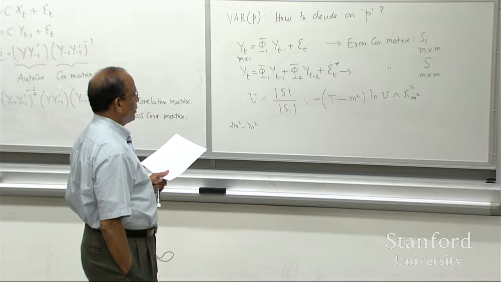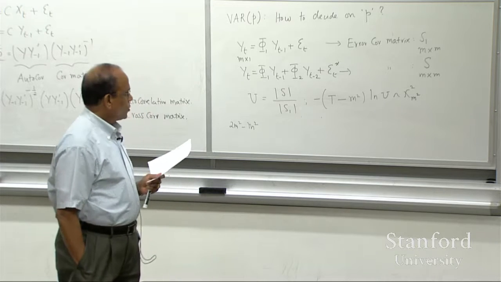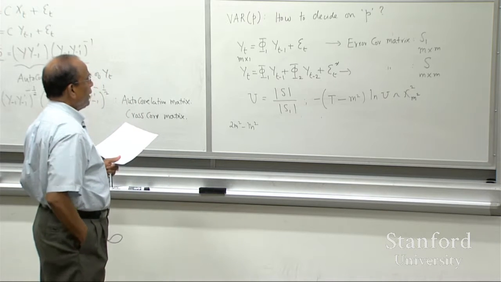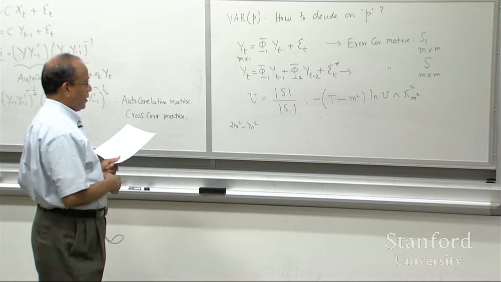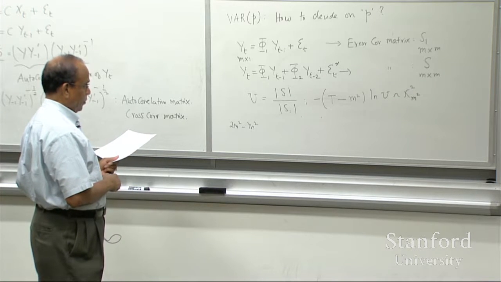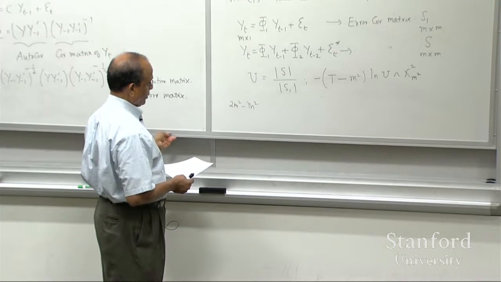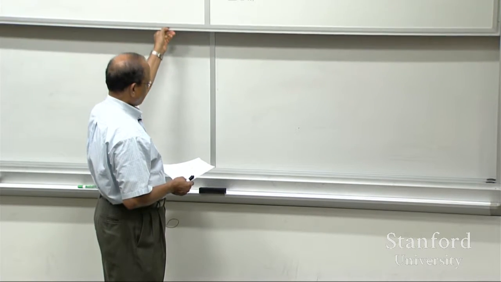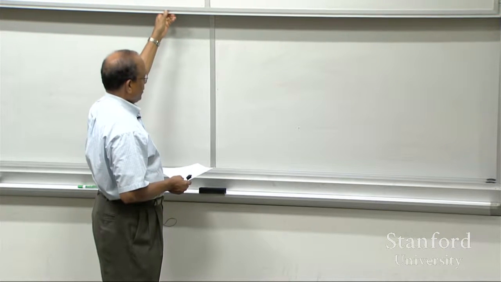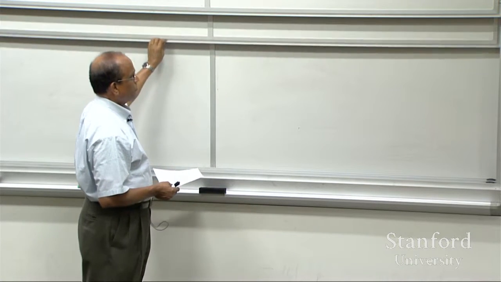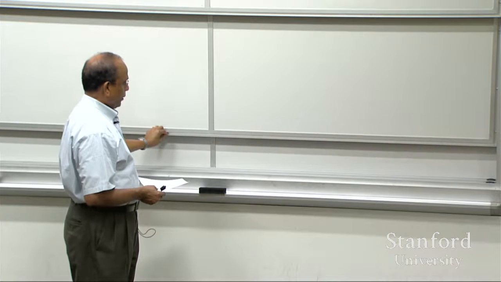Any question on this? Okay. So now we have a way of deciding how many lags we want to include in a stationary series. I think it's not all that simple, for the following reason.